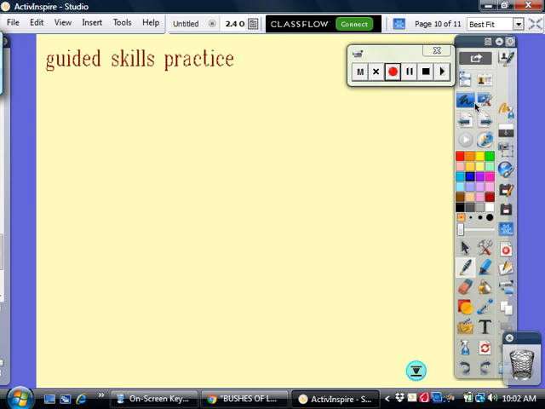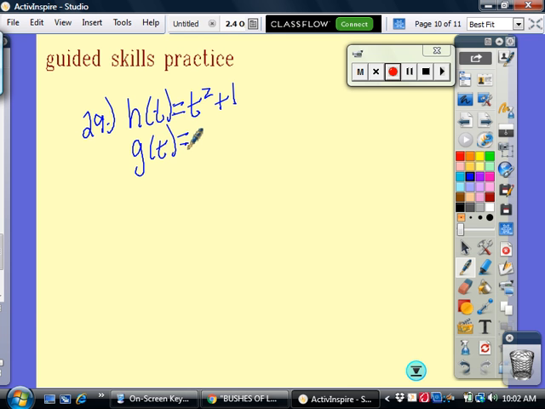Okay, on your packet, let's look at number 29. Now, we're told to find h of g. Oh, that's not an x, that's a t.